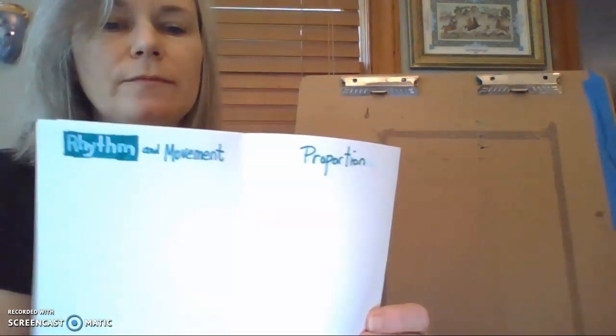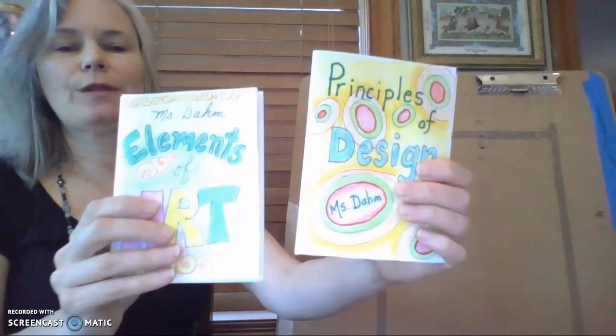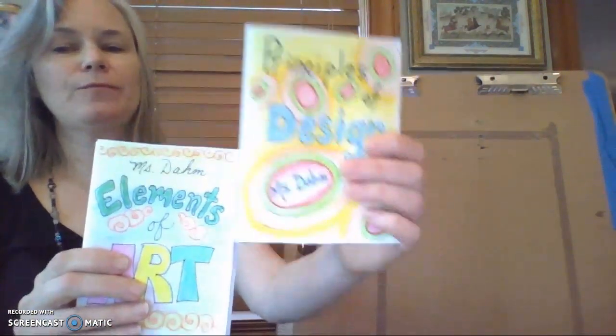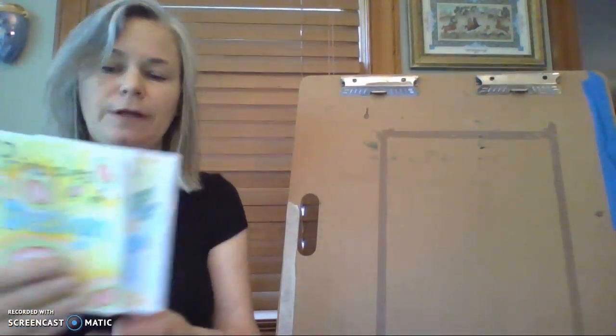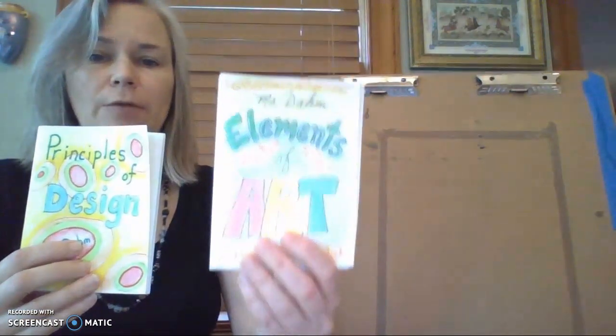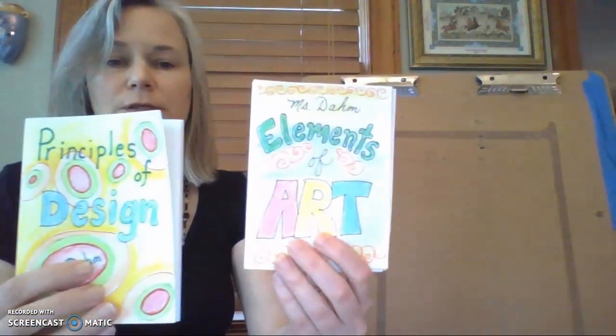Fun fact, there's no vowel in rhythm other than that word. So this is all you need for now. Again, take a little time to decorate the cover. Also, please take some time to watch the other videos that I've posted that explain briefly about elements of art and principles of design.